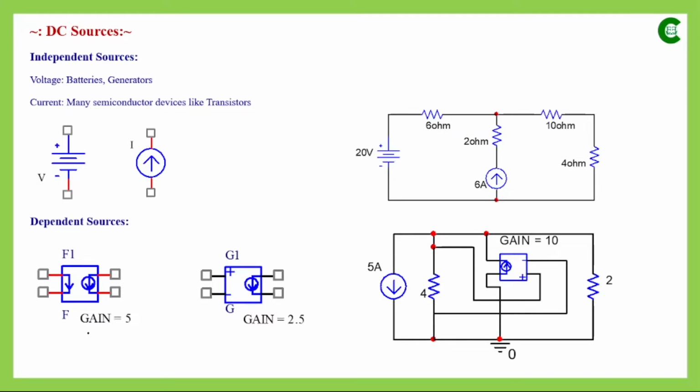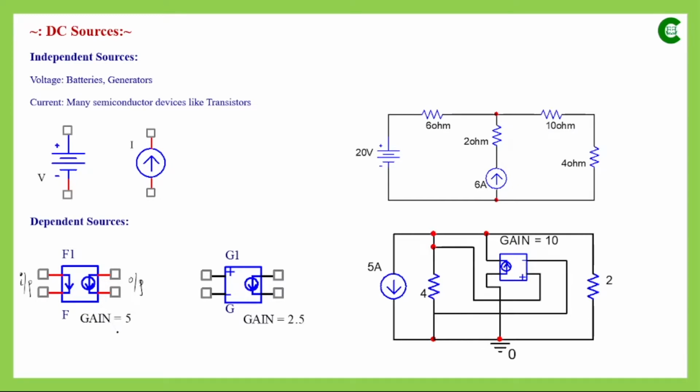In this symbol, we can see that this is the input side, where the input current is coming from some other element, and this is the output side, which represents the value of the dependent voltage source. So this is the symbol of the current dependent voltage source. There is another parameter which is the gain, and the value is 5.